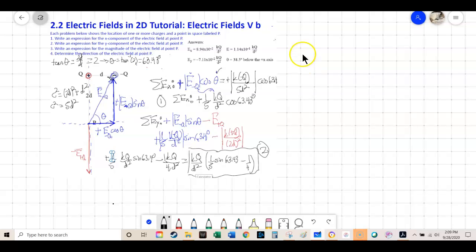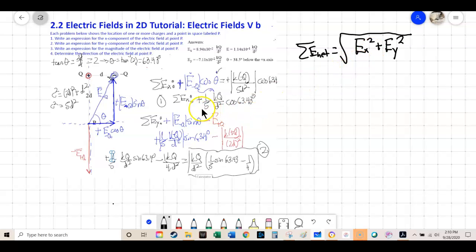like we did before, to get the net, that's going to be equal to the square root of E in the x direction plus E in the y direction. Okay?